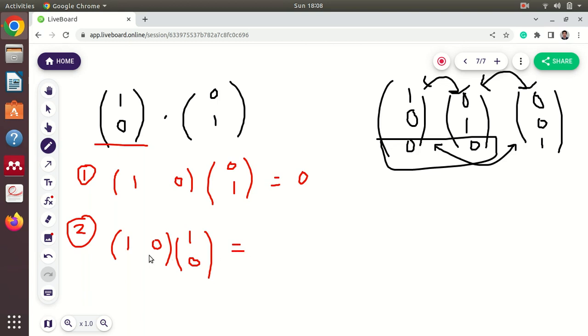So you can see 1 into 1 is 1 and 0 into 0 is 0, so 1 plus 0 is 1. Similarly I can do it for the second: 0 1 into 0 1. Again 0 into 0 is 0 plus 1 into 1 is 1, so this is also equal to 1. So both vectors are normalized and therefore these two can form a set of basis vectors.